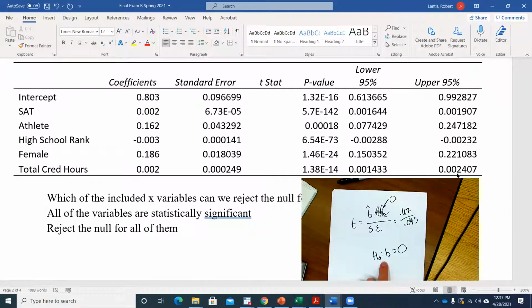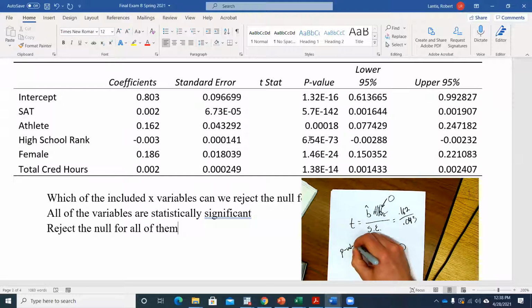Because, remember, the null is that the slope coefficient is equal to 0. If I'm rejecting this null, what I'm really saying is there is a statistically significant relationship between that x variable and that y variable at whatever alpha I'm looking at. So here, all my p-values were 0. If my rejection decision is that the p-value is less than alpha, a p-value of 0 is going to be less than alpha every time.